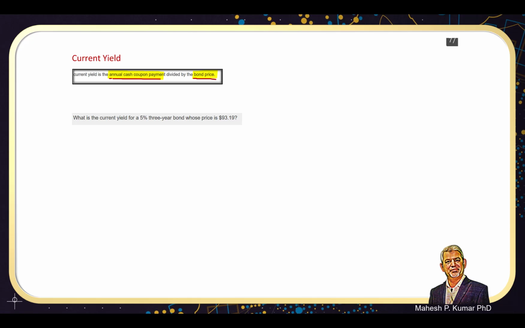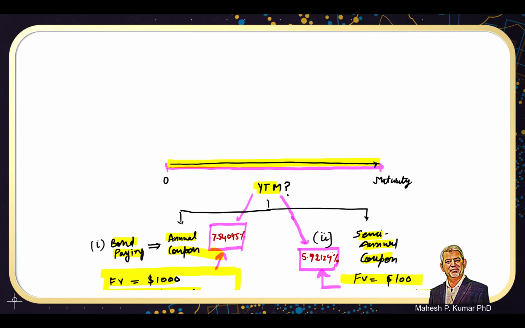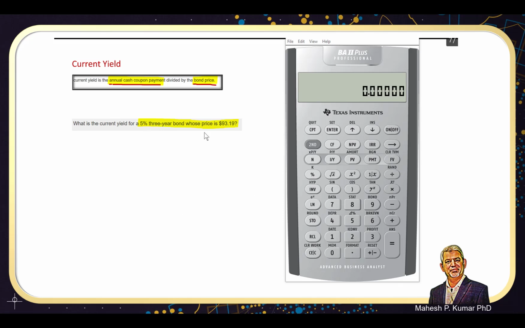So let us calculate current yield for this bond, which is a 5%, 3-year bond whose price is $93.19. For this bond we have to get the annual cash coupon payments. This bond pays 5%, so $100 times 5% of course is $5, right?